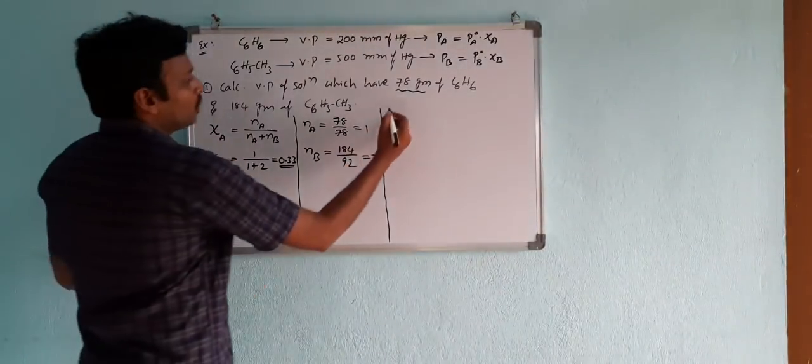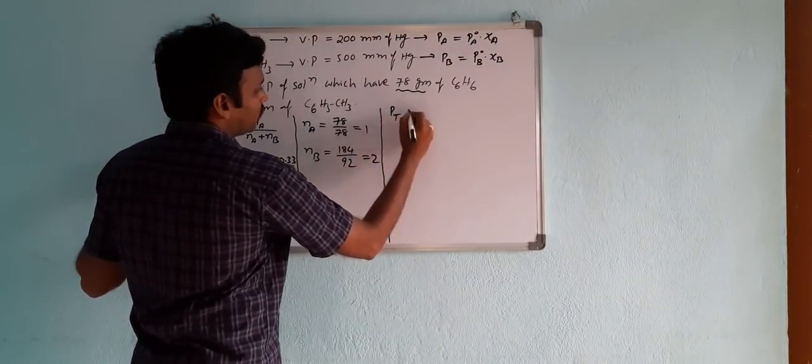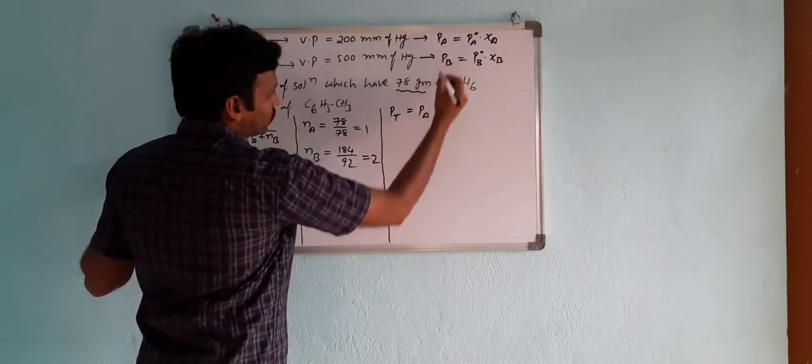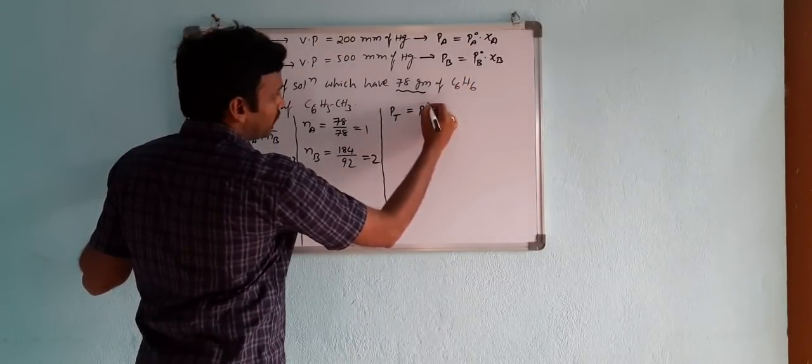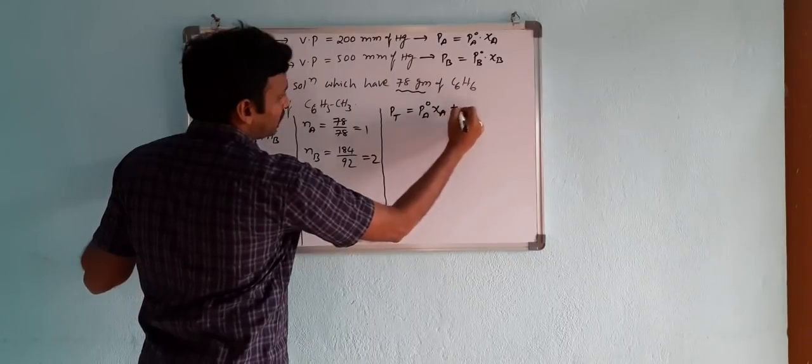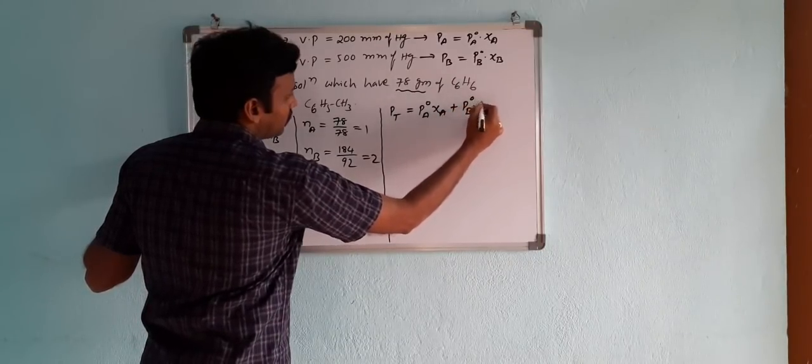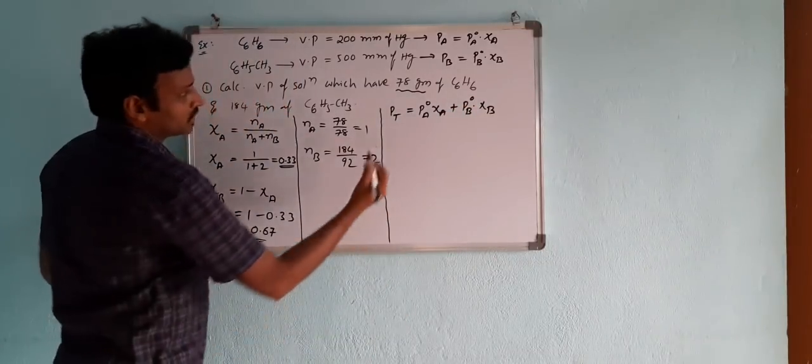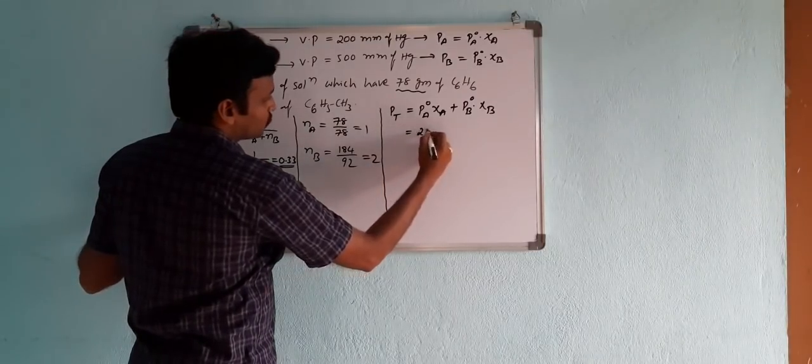Okay. Now how to calculate P total? P total is equal to, as I told, PA plus PB, meaning PA naught Xi A plus PB naught Xi B. Got it? So PA naught is how much? 200.